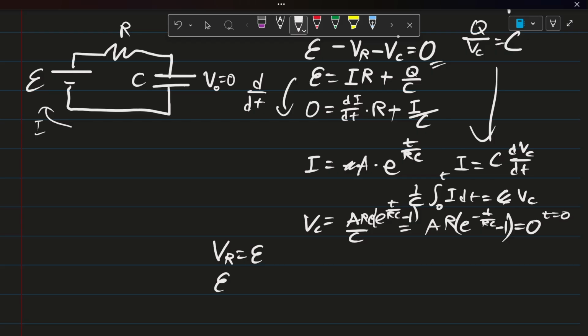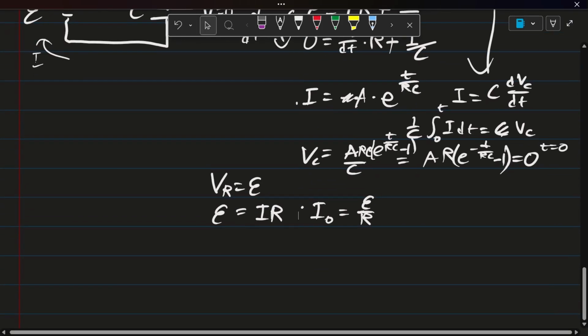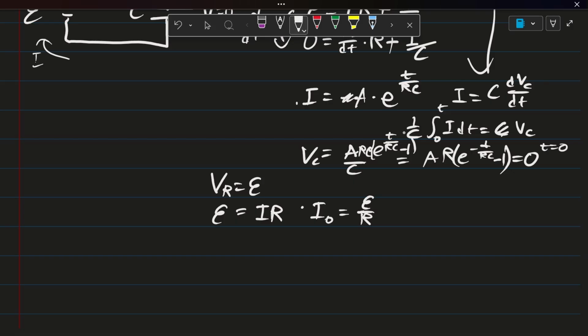No, sorry, that's the EMF. But we also know that VR is actually I times R. So we could write this as I times R. So we know that the current at time equals 0 is epsilon over R, which brings up something. This current and this current should be the same. So applying 0 to it should imply that this and this should be the same.